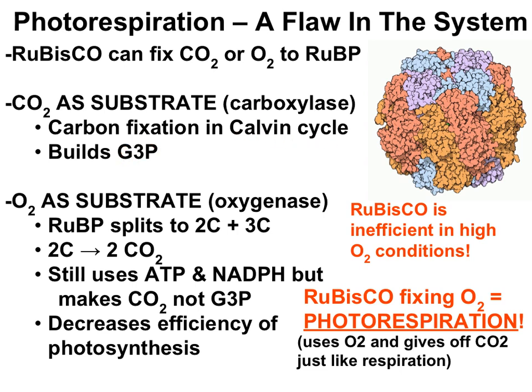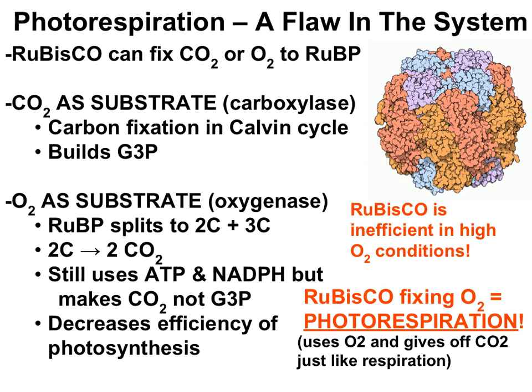to make G3P. But when oxygen levels get too high, Rubisco can grab oxygen instead of carbon dioxide and fix oxygen to RuBP. When this happens, the 5-carbon oxygenated RuBP will split into a 2-carbon and a 3-carbon piece. The 2-carbon piece ends up splitting into 2 single-carbon carbon dioxides.